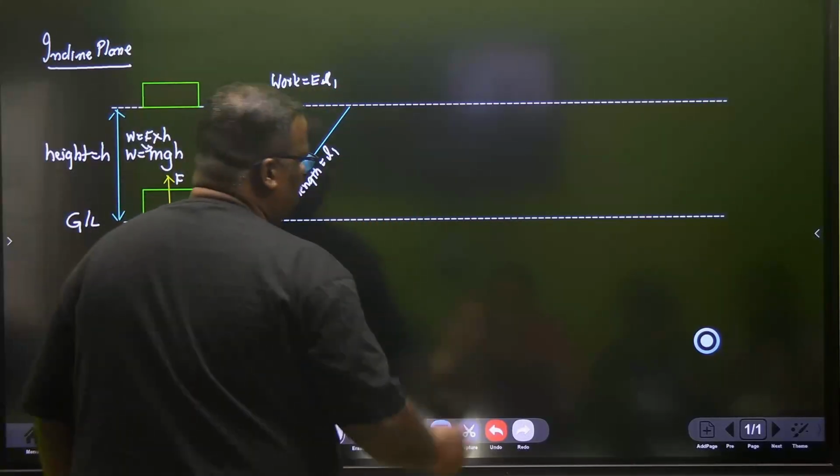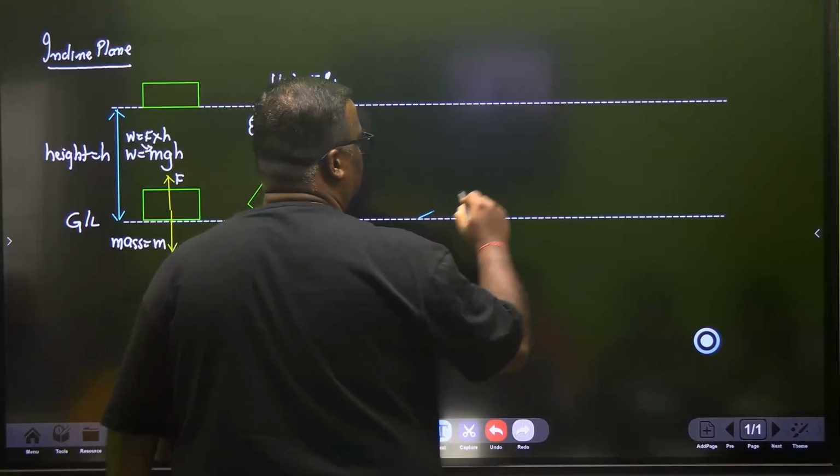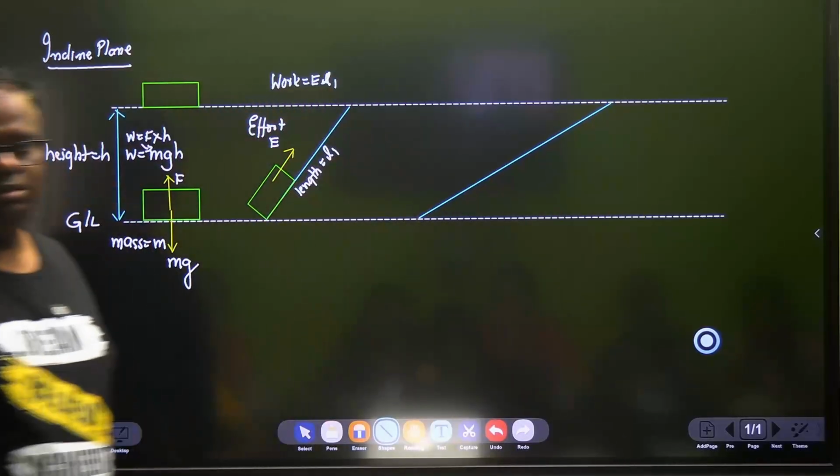In the next iteration, we are increasing our inclined plane length.